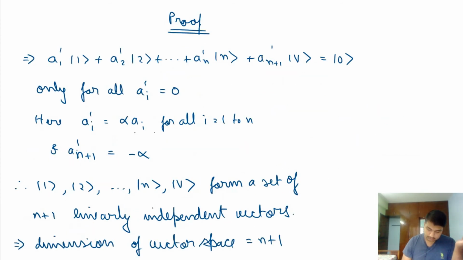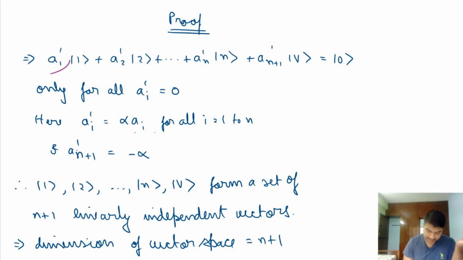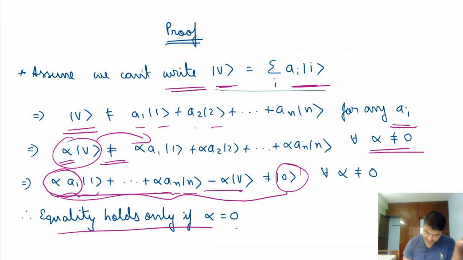Moving on, I am going to write this equation by writing alpha a1 as a1 dash, alpha a2 as a2 dash, and so on up till alpha an as an dash, and a n plus 1 dash is going to be nothing but minus alpha. Just compare this equation with the earlier equation.